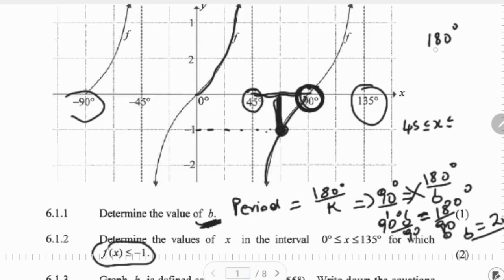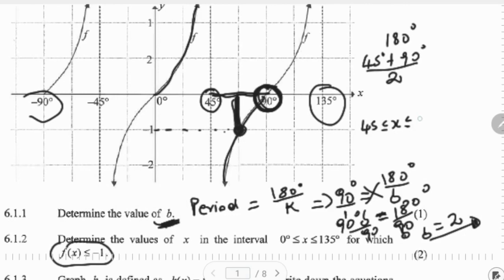In your calculator, you can say 45 plus 90 because we want a number in between. We add the two numbers and then divide by 2. So that will give you 67.5. So x will be between 45 degrees and 67.5 degrees. So this is the answer.